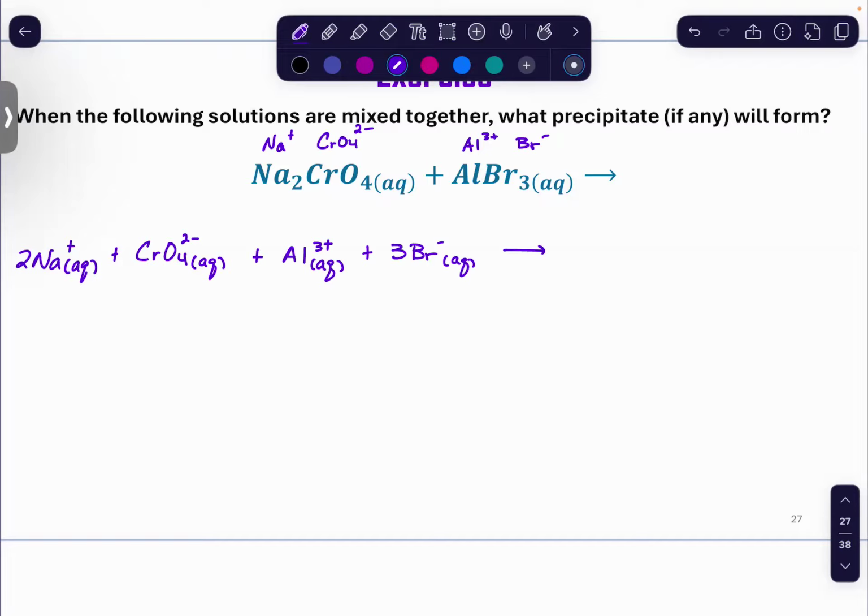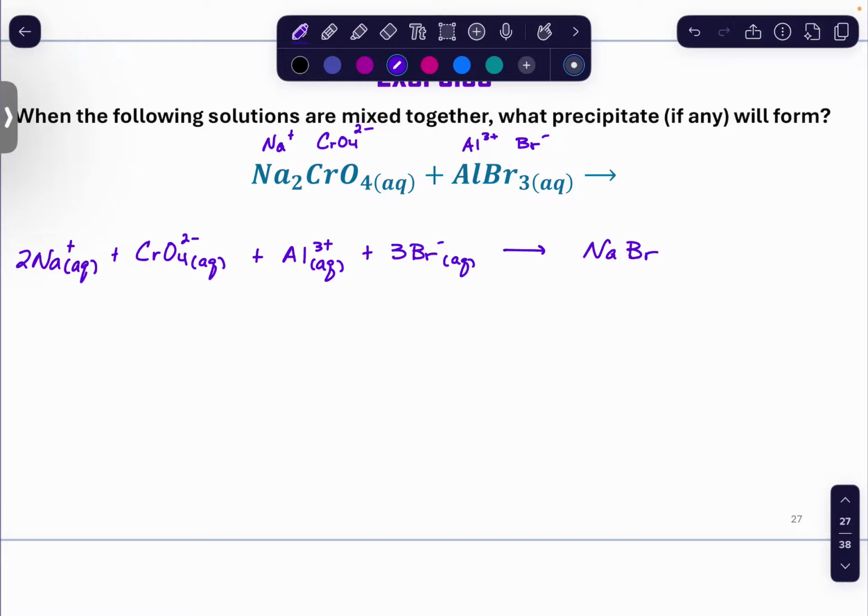And again, original cation anion pairs are not going to come back together because that would just recreate a soluble compound and it would immediately redissolve. So the ions are going to switch places. We're going to get another double replacement. And so what we're going to get is sodium bromide, which of course each sodium is a +1, each bromide is a -1.